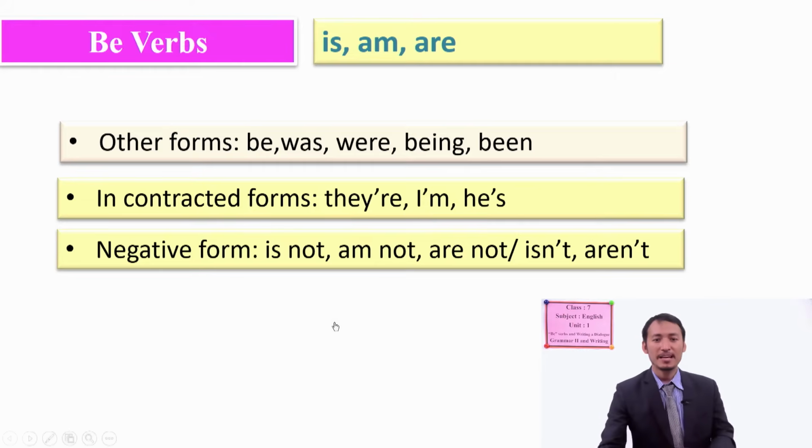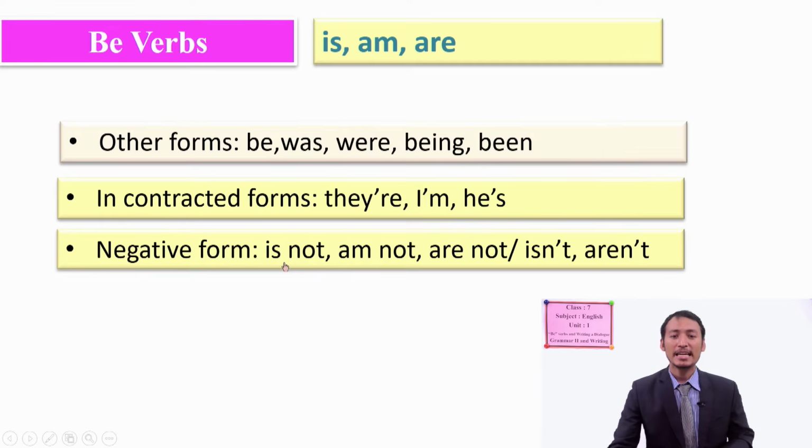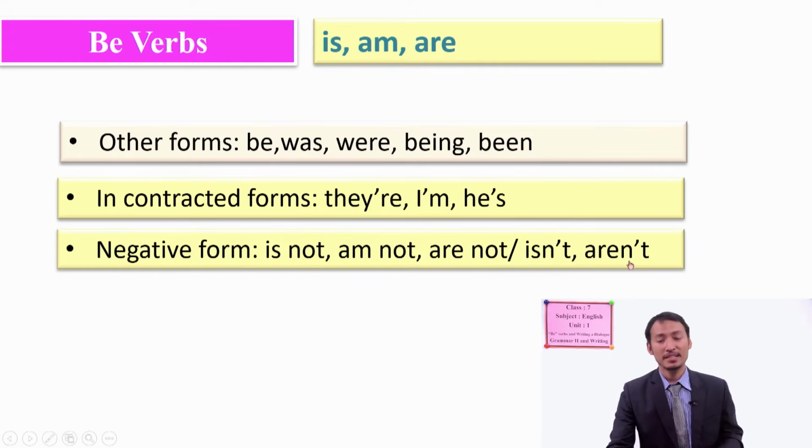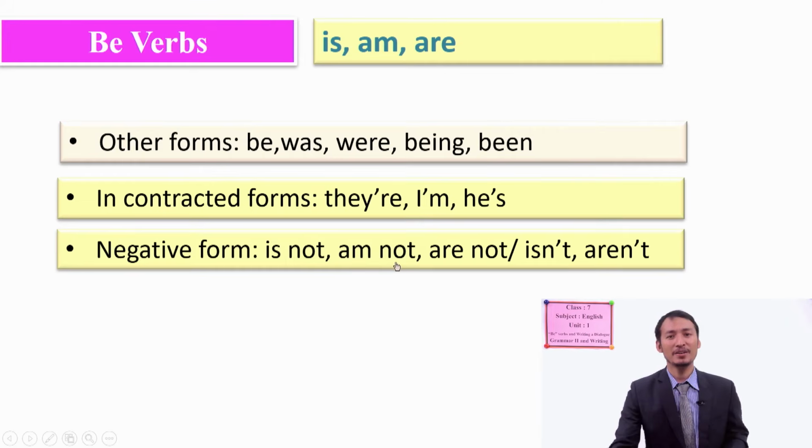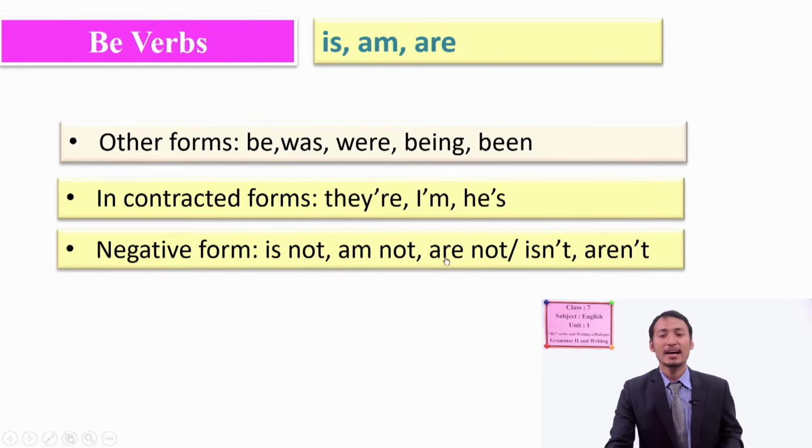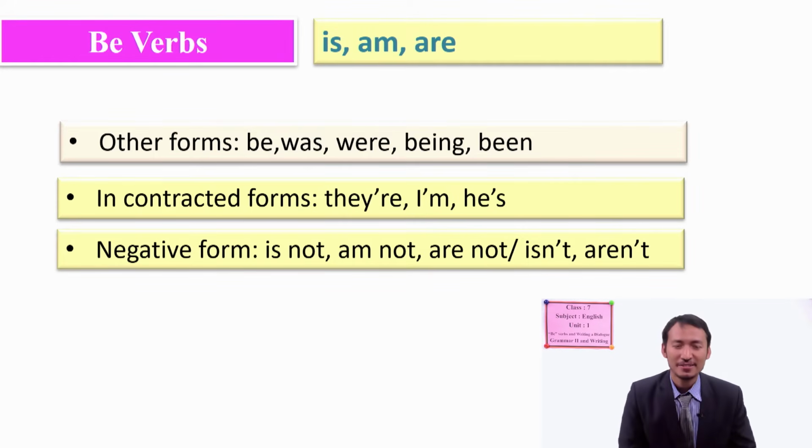Okay, students, for example, let me show you here: is not, am not, are not, isn't in the contracted form, aren't. In a sentence you can say, he is not a student, or he is not a policeman, I'm not a bad person, or I'm not a policeman, you are not a singer. Likewise, you add not. Okay, students?